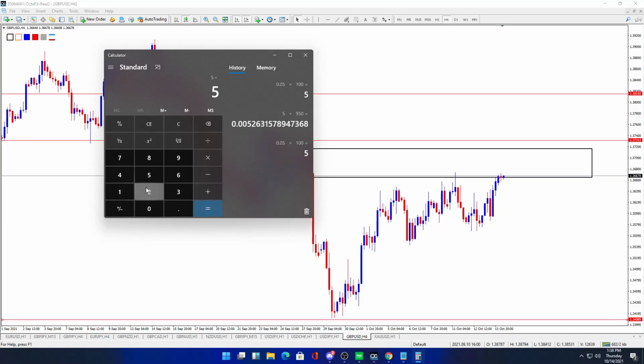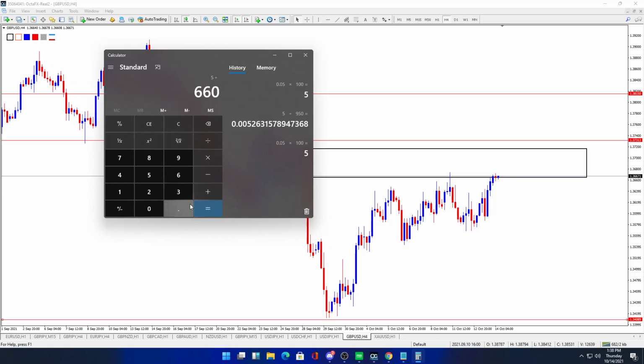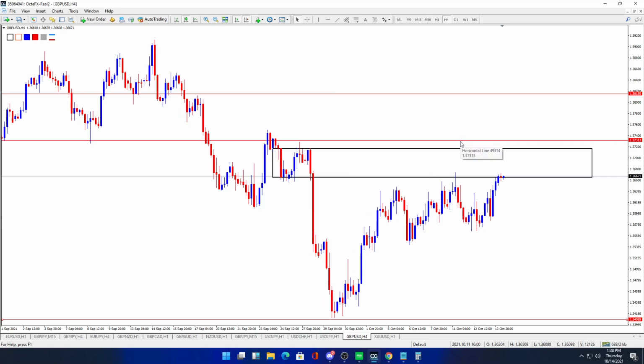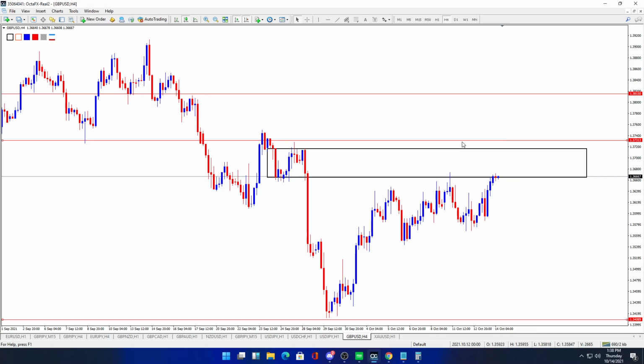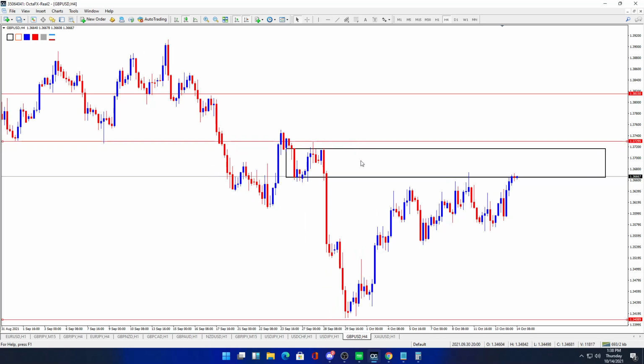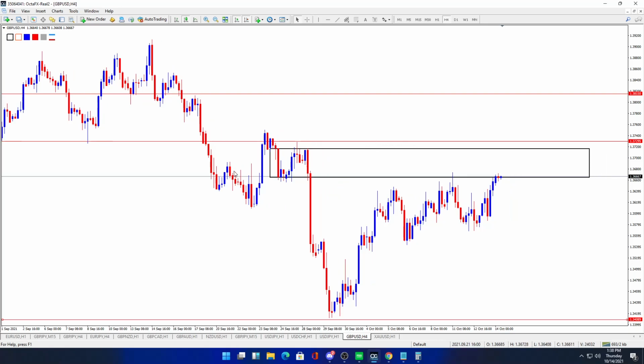Divide by 660, because I calculate in points. Okay, still doesn't match. So you calculate until you reach 0.01 to enter the position. Maybe you can adjust, or you can wait inside the box to enter the position. Trade at your own risk.